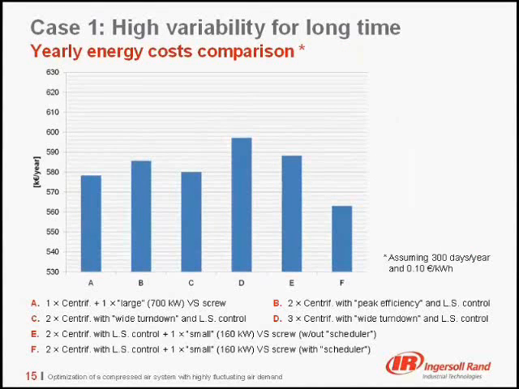System A allows to save approximately 1,500 euro versus system C.